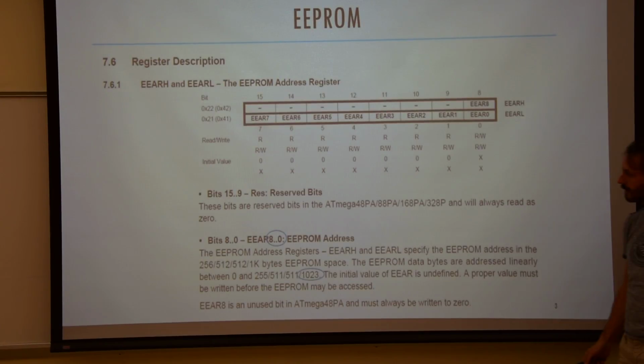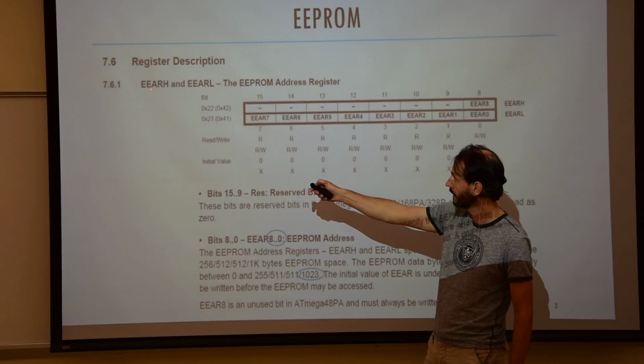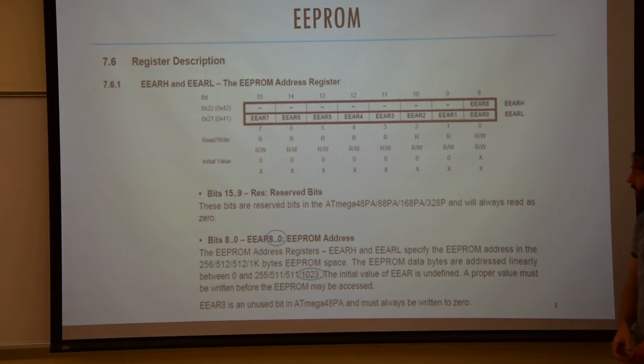So let's have a look at the data sheet. We have an EEAR high and low, and effectively that is being used to store an address that you're interested in writing or reading.